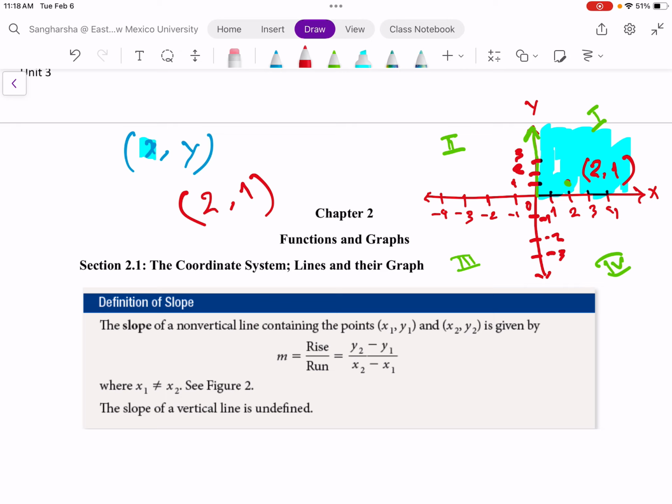Now how do we locate a point with the help of this coordinate? You have (2, 1) as the coordinate of a point. What information can you get from this coordinate? How do we locate a point with the help of this (2, 1)? Okay, 2 on the x-axis and 1 on the y-axis.